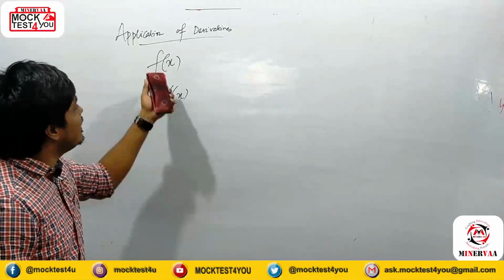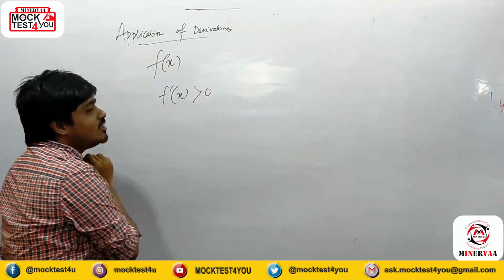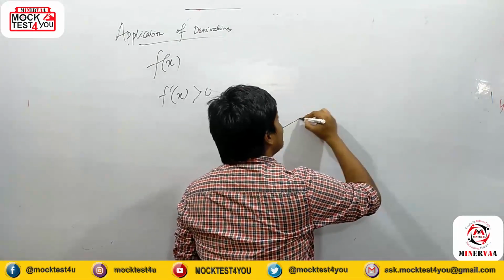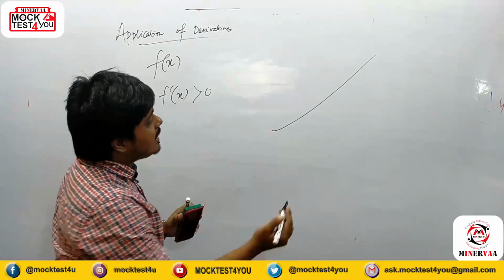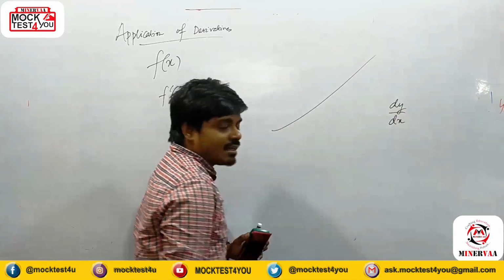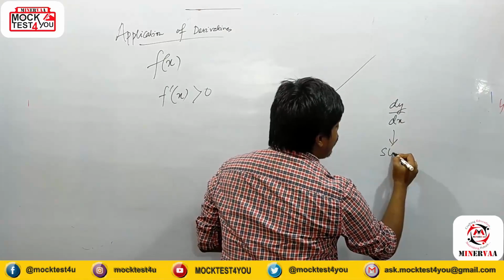How can I say that f(x) is increasing? If f dash x is greater than 0. f dash x means what? Look here, guys. I told you that suppose I have a line like this. f dash x is basically dy/dx, and dy/dx means what? Slope.